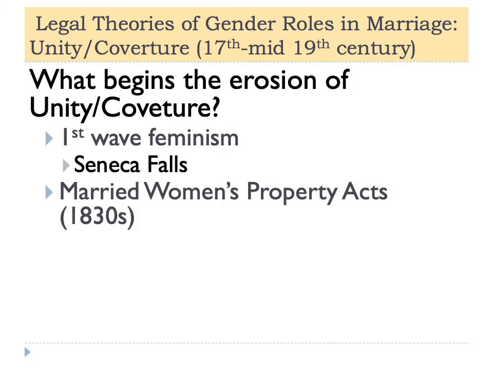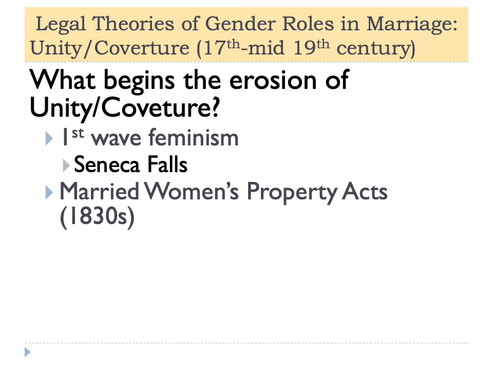Another, and probably more important, erosion of the unity coverture theory of marriage is the concern that families had that upon marriage, any property of a single woman that was part of her family's property legacy would no longer be within the family, it would go to her husband.